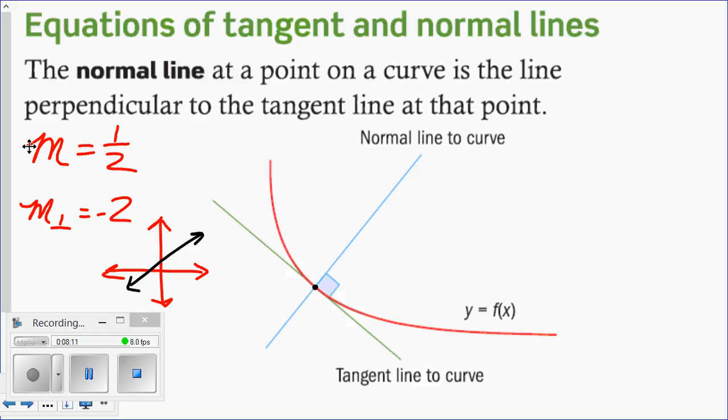One has to be positive and one has to be negative, or they could be horizontal and vertical. So if we're finding the derivative, we're finding the slope of the tangent line, which means the opposite reciprocal of that must be the slope of the normal line.